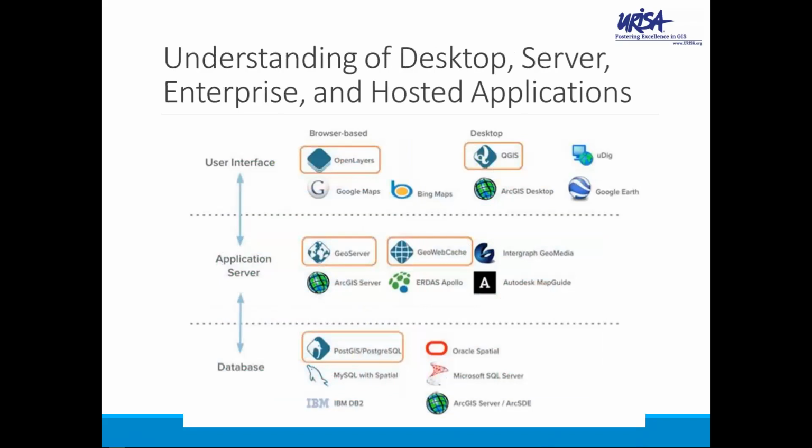Once again, taking a look at our overall structure, have a knowledge of the differences between desktop, server, enterprise, and hosted applications. GIS can be deployed on many different platforms for the software, and you'll need to know what the differences are when you're implementing this, whether it's the software on a desktop, or if you're working with hosted services such as software as a service or infrastructure as a service.